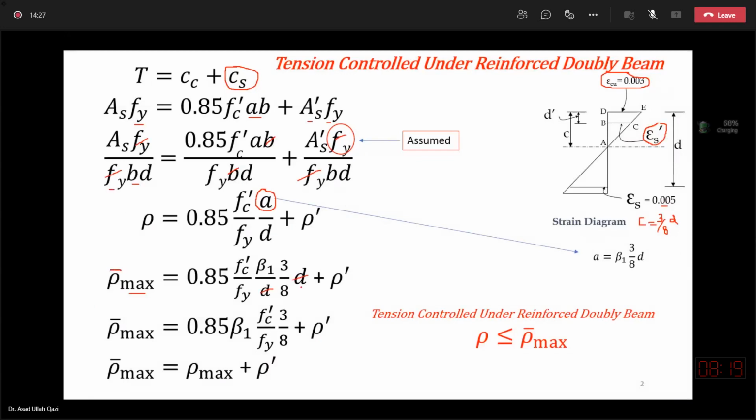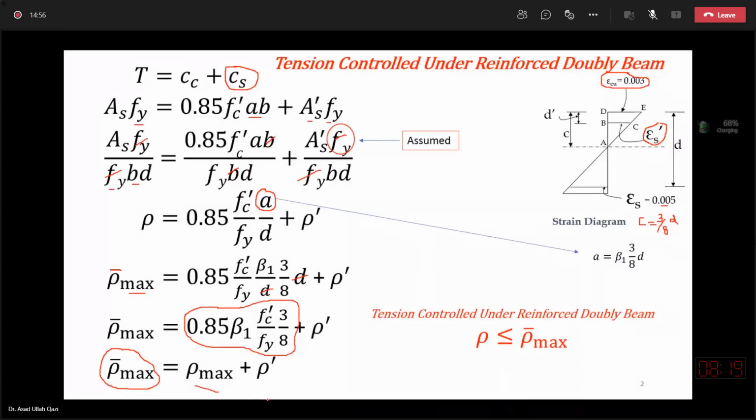Then when I examine the first component, it is exactly the rho max equation which we derived for the singly beam. So I can replace it with rho max of singly plus rho prime. So rho max of doubly beam is simply the summation of rho max of singly plus rho prime.